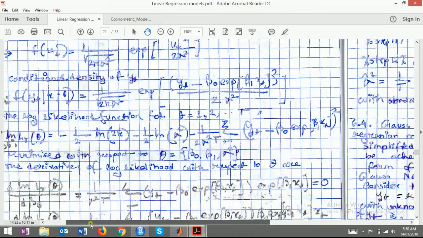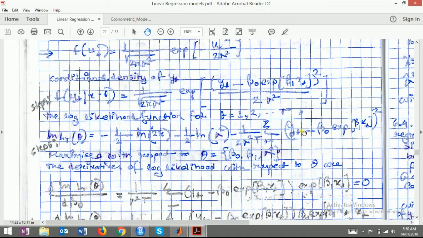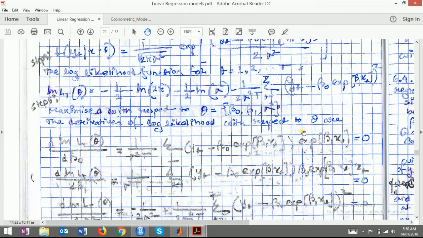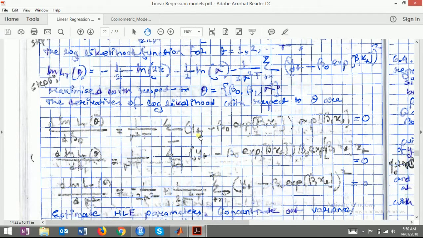So that was the nonlinear regression model. Okay, see, y minus beta naught exponential, multiplied by beta naught exponential xt and xt. You see, this tells how the gradient for the beta is going.